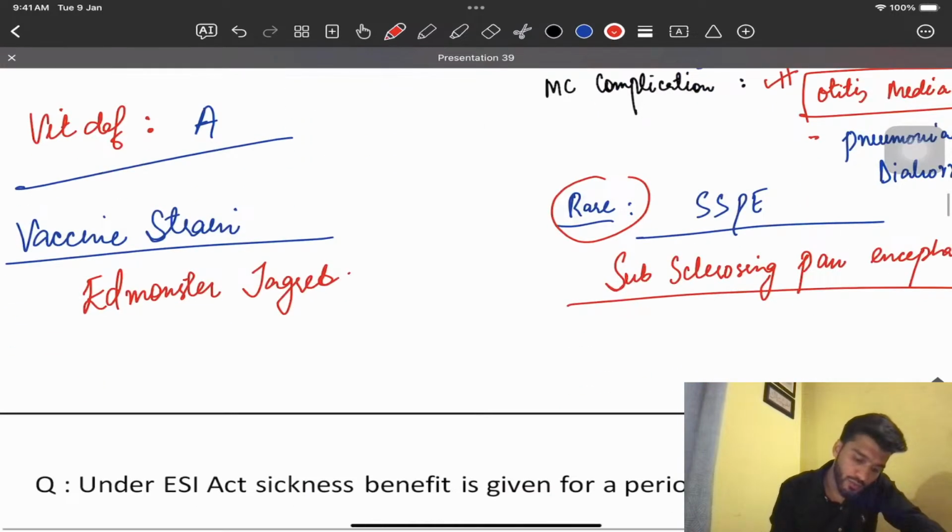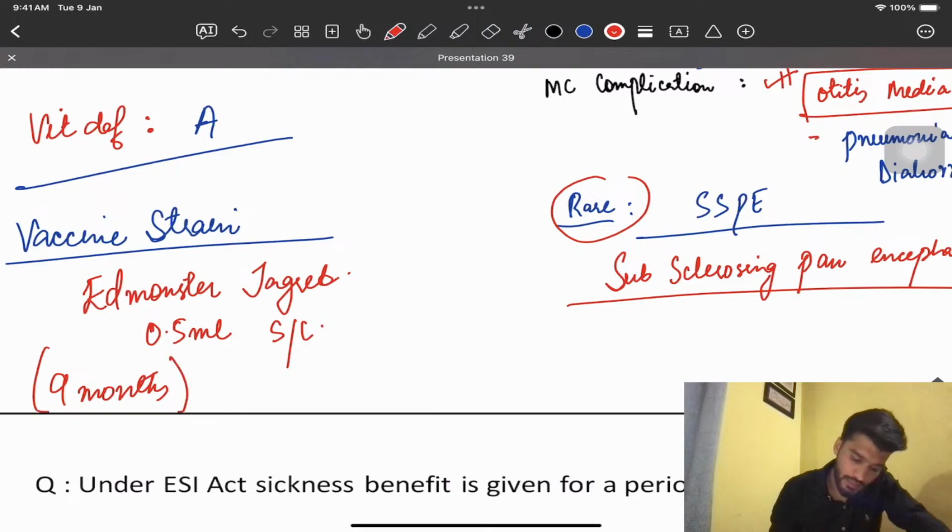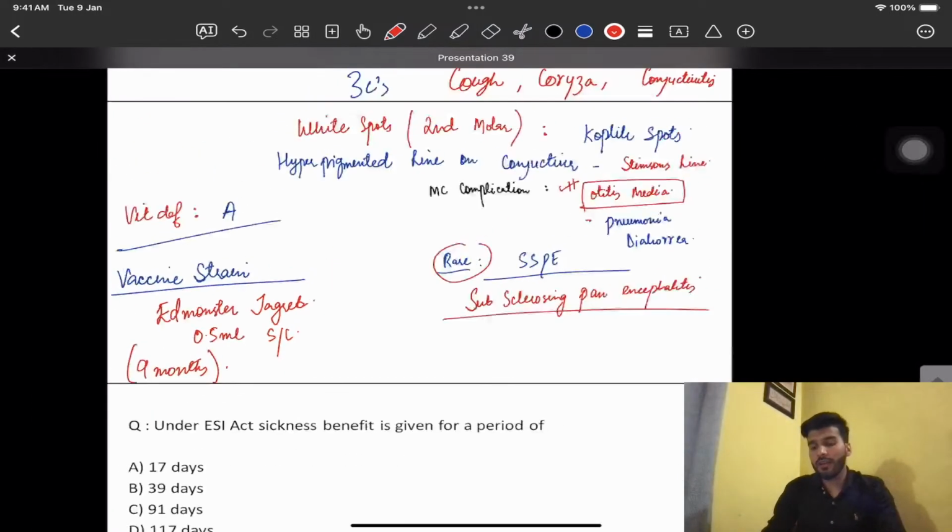How much to give, my dear students? 0.5 ml subcutaneous. And as per the UIS, Universal Immunization Schedule, we give measles vaccine at 9 months.